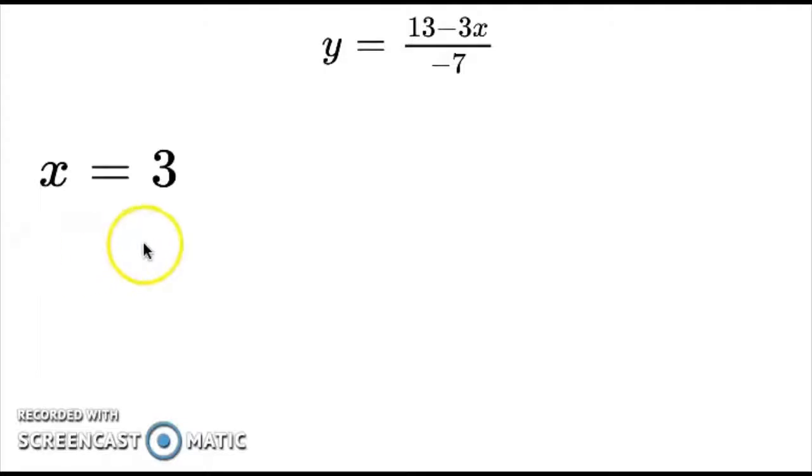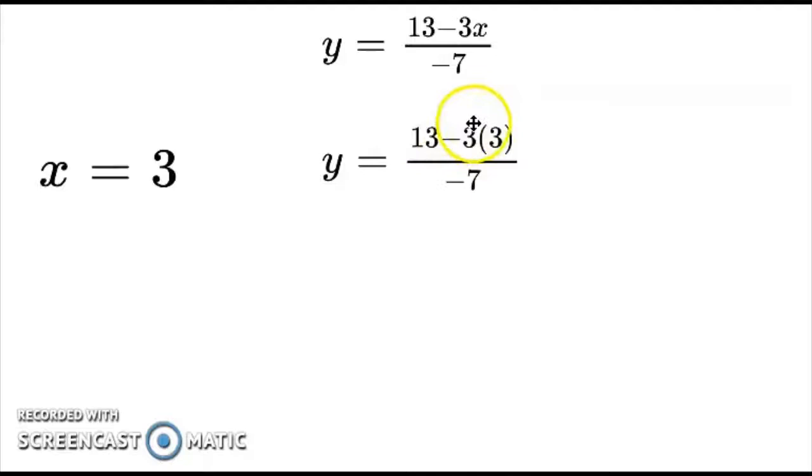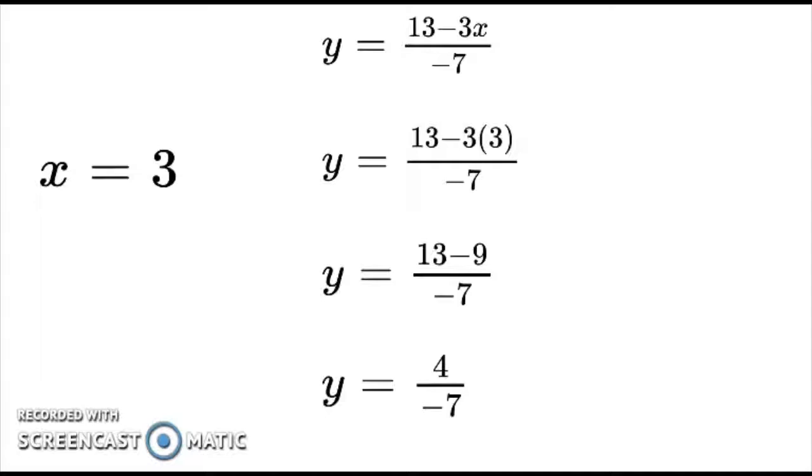Substituting in 3 for my third answer, I'll have 13 minus 3 times 3. So that will be -3 times 3, which is -9. So 13 minus 9 is 4. So then 4 over -7 will be the answer. So my third answer is going to be y equals 4 over -7.